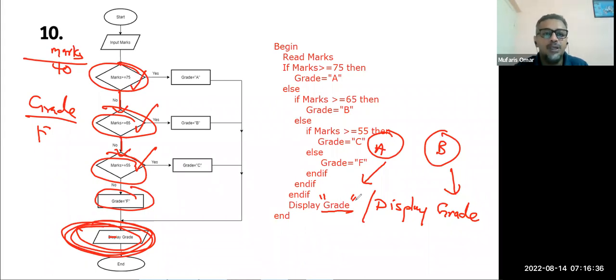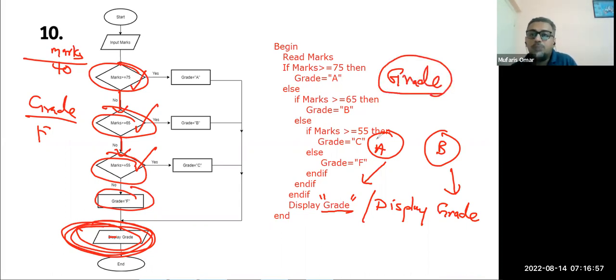Option B, without the double quotation, because the variable is already created. Yes, you are correct, because here we are not displaying the word grade. You don't want to show on the screen something like this, grade.